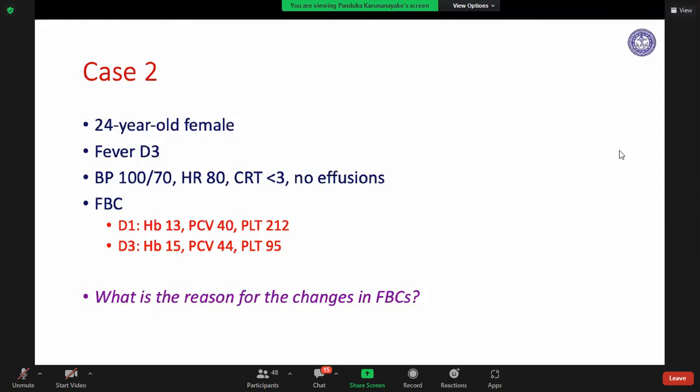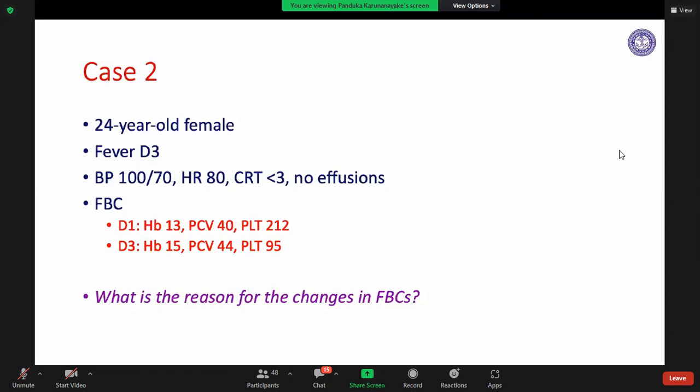So on day 3, when you check the full blood count, if it is 95,000, why are you thinking it is a significant, prolonged, established leakage? What is the reason? In spite of not knowing whether the day 1 value is 212 or whatever, do you expect the day 1 value to be otherwise?